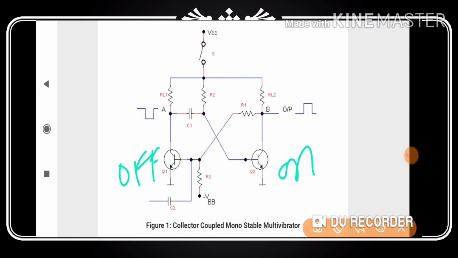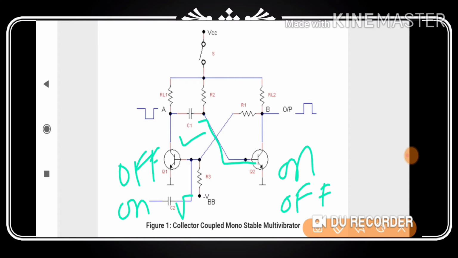The capacitor C1 gets charged during this state. When a positive trigger pulse is applied to the Q1 transistor, it turns on, and Q2 becomes off because of the negative voltage from the collector of Q1 through the capacitor C1.